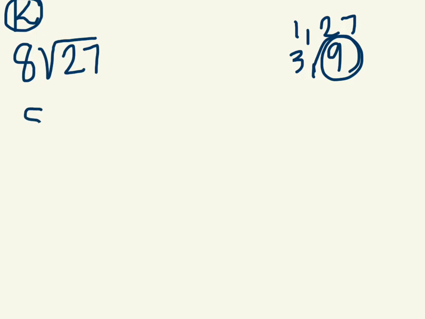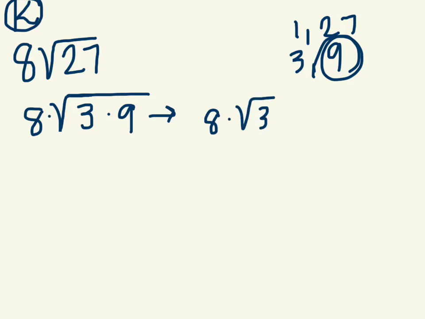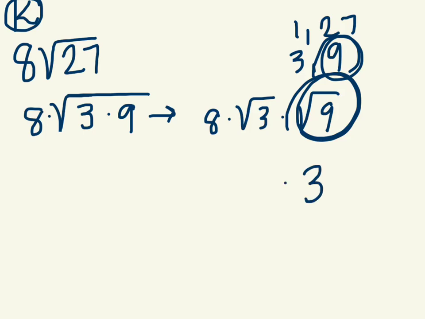So I'm going to rewrite this as 8 times the square root of 3 times 9. Another way of writing that is 8 times the square root of 3 times the square root of 9. Looking at the square root of 3, I can't simplify that. It becomes irrational, but looking at the square root of 9, I can simplify that to 3.